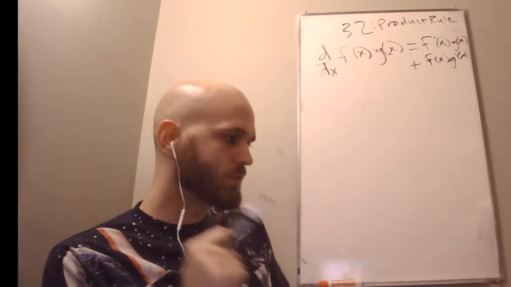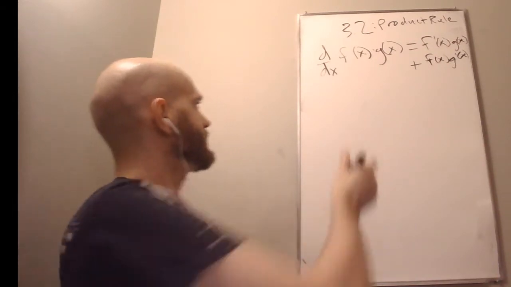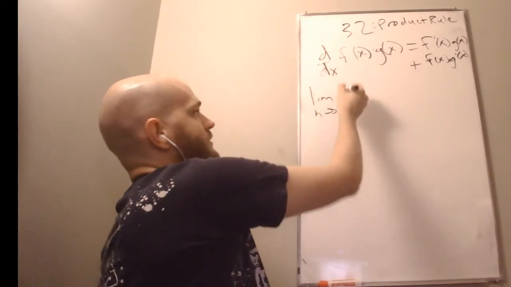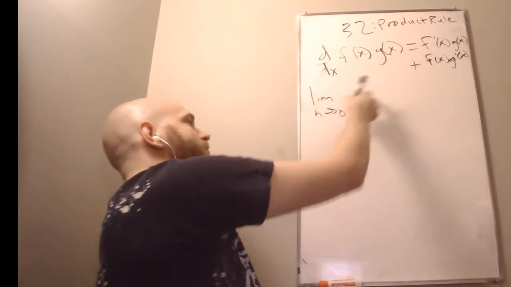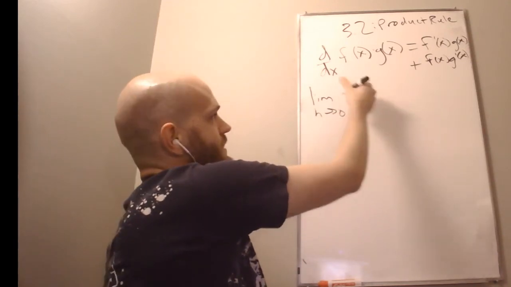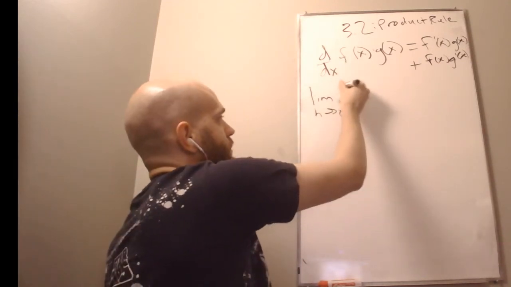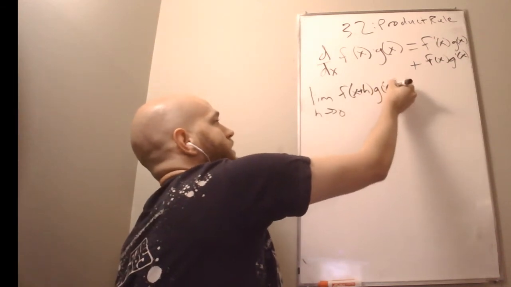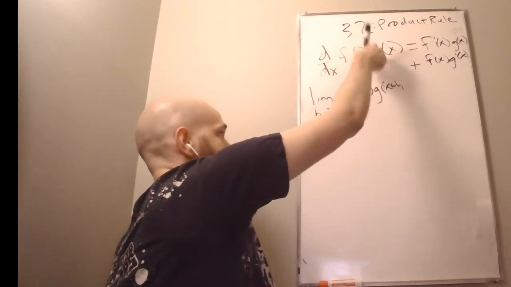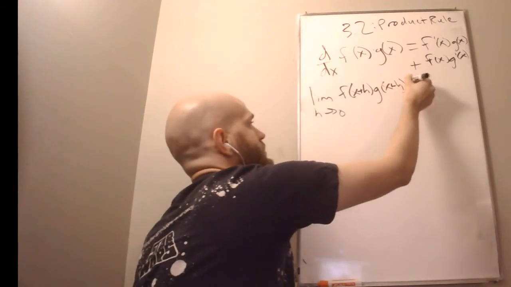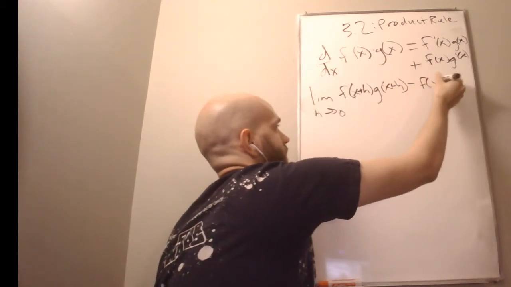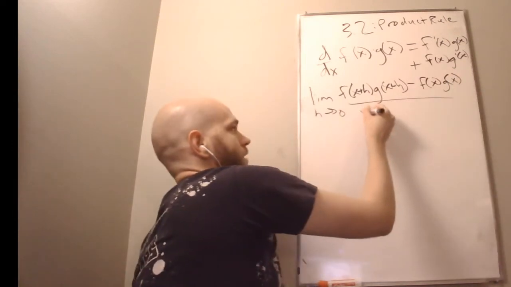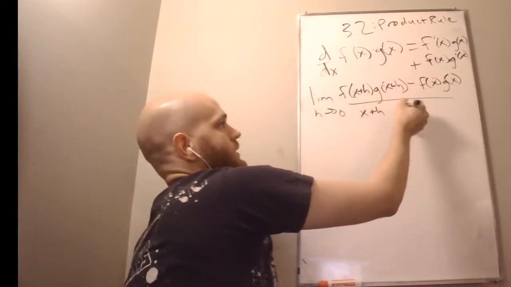So remember, the derivative comes from this definition, the limit as h goes to 0 of f of x plus h minus f of x over x plus h minus x. In this case, the derivative will be f of x plus h, g of x plus h, right? That is the function we want to take the derivative of, f times g at x plus h, minus f times g at x, over x plus h, which was the x coordinate here, minus x.